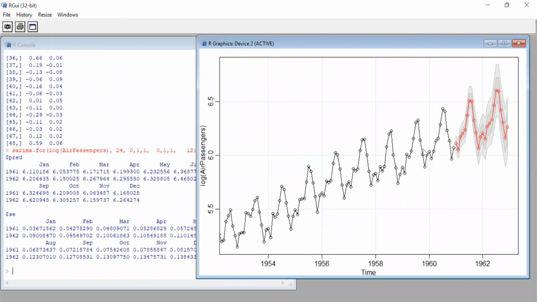So the black one is the original data with the seasonality, and by the seasonal ARIMA model, we can do the forecast here. I'm not sure, maybe the darker one is the 90% or 95%, and the outside one is the bigger one, 95% or 99%.